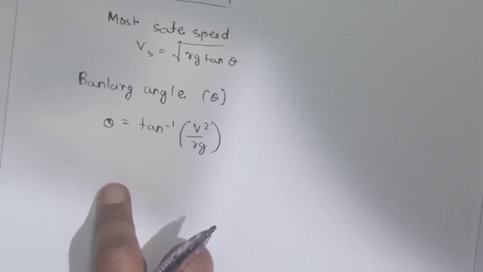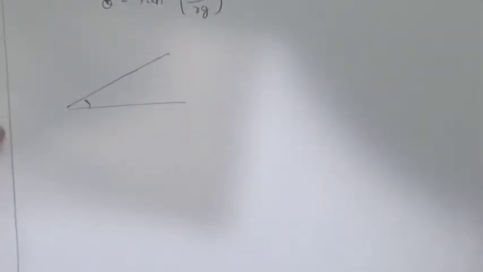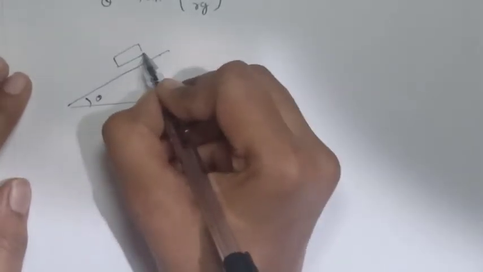Then let's talk about the speed limit, that it could be minimum or maximum. So let's consider the banked curve road. It will be like this, with angle theta, and consider a vehicle of mass m.